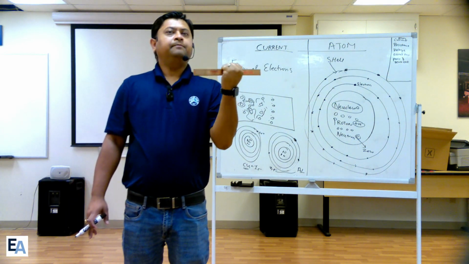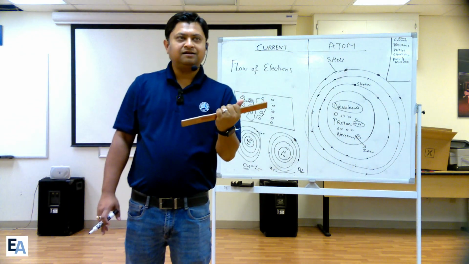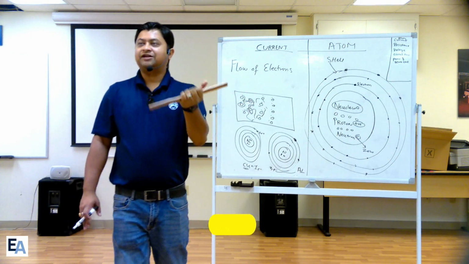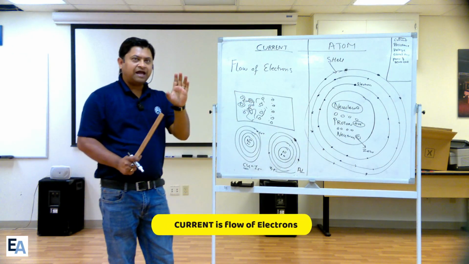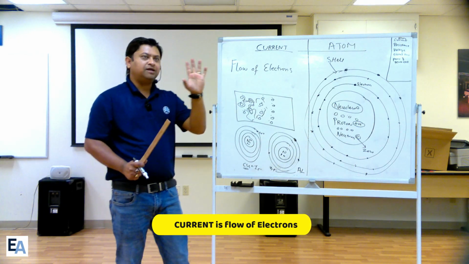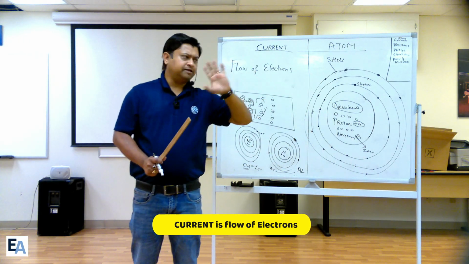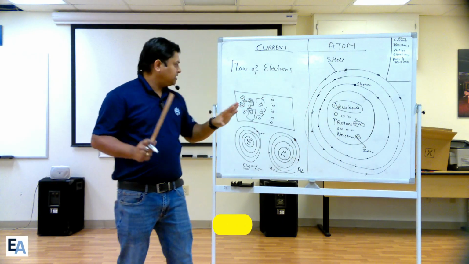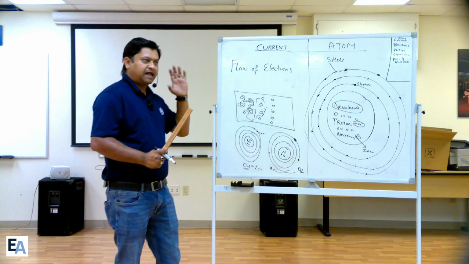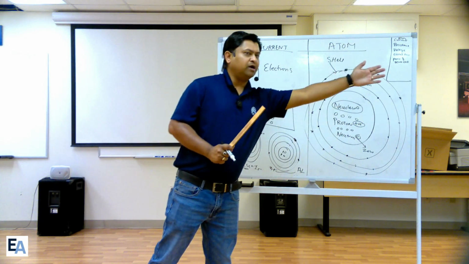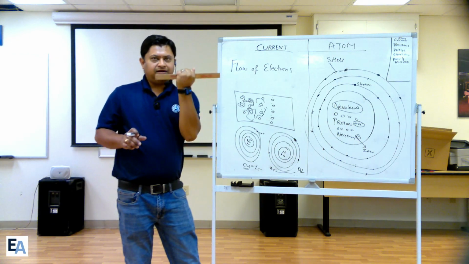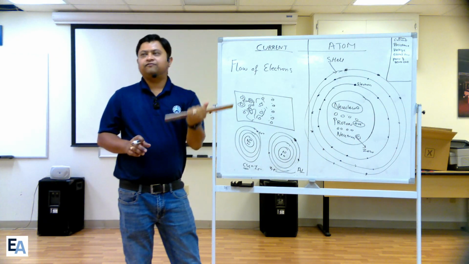In order to have a current, what is the definition of current? It's a flow of electrons, right? So we need the flow of electrons in one direction. One direction is any direction, forward or backward, but all the electrons should come together and flow in one direction. Then only can we really see the impact of the electricity.